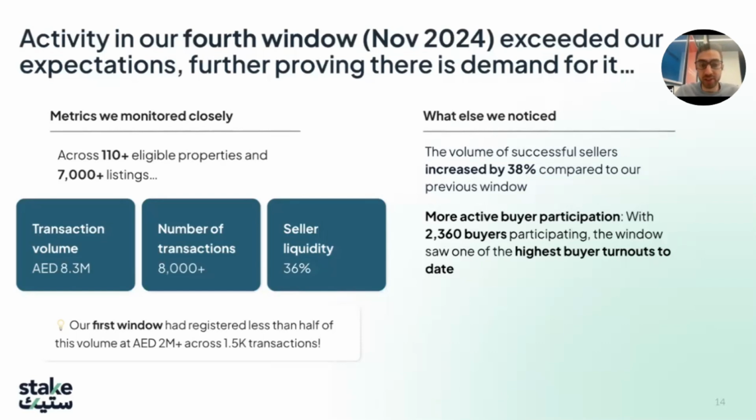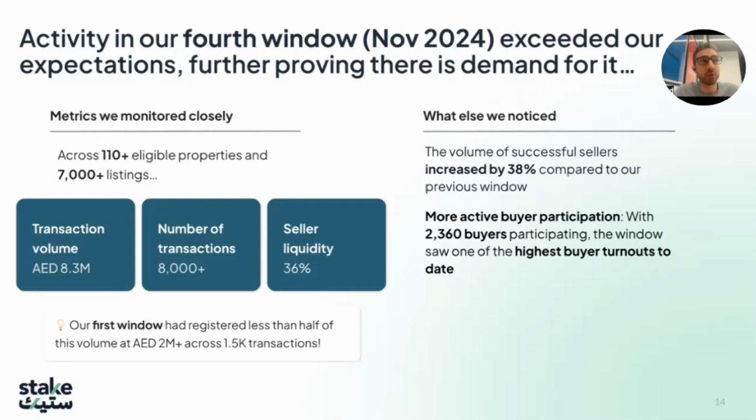Just to give a quick sneak peek, there were over about 100 eligible properties that featured in the last exit window, and about 7,000 listings that were active. There was a transaction volume of more than 8 million dirhams. That means 8 million dirhams exchanged hands. There were more than 8,000 transactions that comprised those 8.3 million dirhams.